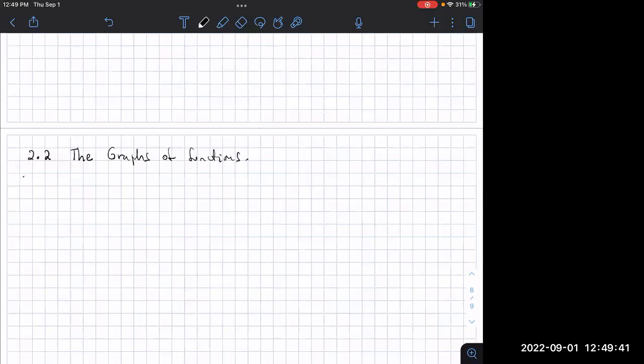So the theorem, the vertical line test. This is the vertical line test for functions.